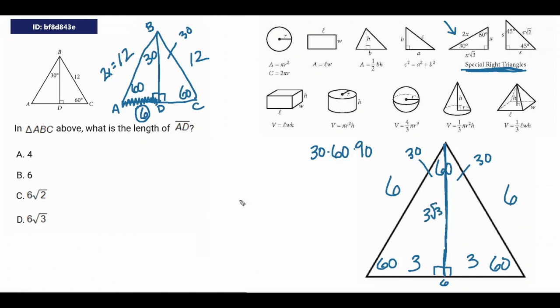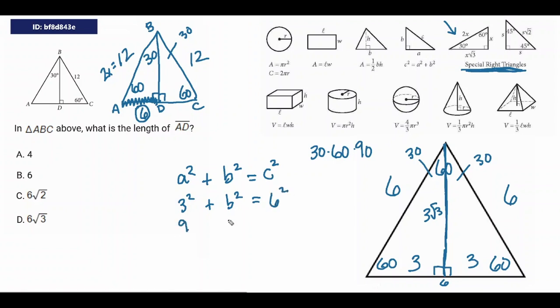How do you find the sides of a right triangle? You know this. They've been telling you about this since 3rd or 4th grade. You use the Pythagorean theorem. One of our small sides is 3, right? So a squared is 3 squared. We don't know anything about the other side that's not the hypotenuse, so that's just b squared. And then what's c squared? 6 squared.